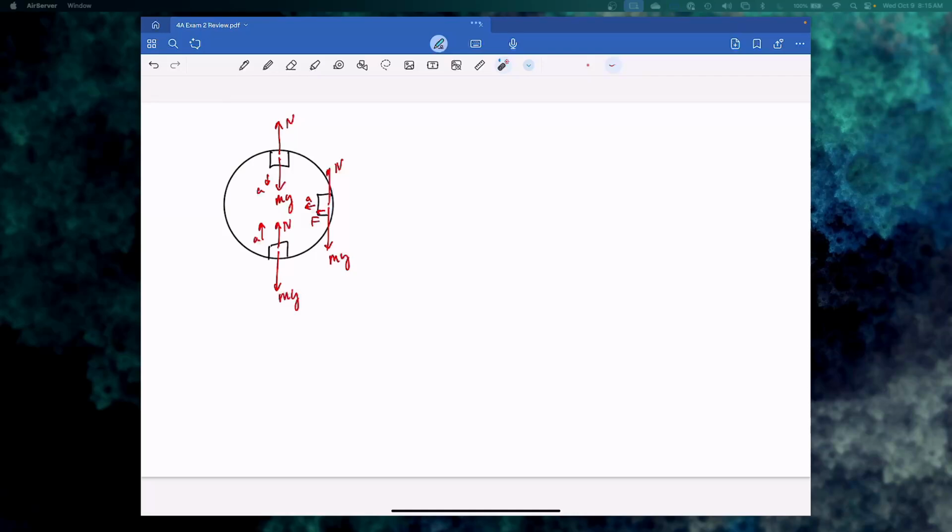The acceleration is up, which means the net force has to be which way? Net force has the same direction as the acceleration. So if the net force is up, that means the normal force has to be bigger than the weight. So that when we add these two together, we get an upwards force that accelerates us towards the center.